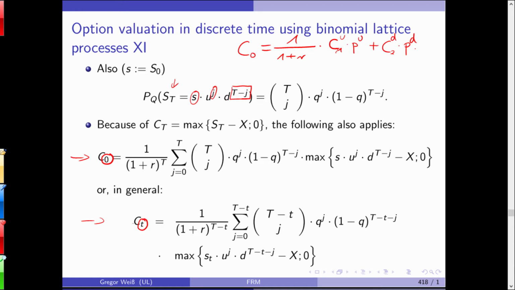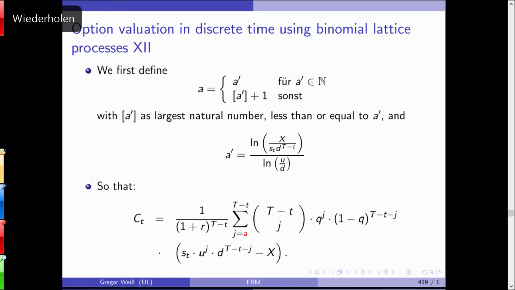As you can see, the slight difference is minus t, minus t, minus t, minus t. And of course here again you have to look at another price. That's the only difference, but we are mostly interested, of course, in this and this.